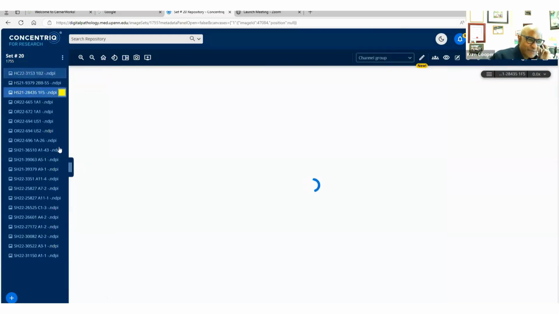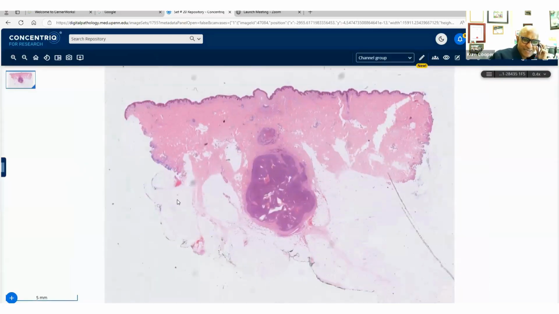Let's try this example here. Again, I'm trying to get you a history on this. It's a 65-year-old male, and this is a mass in the buttock. And again, low power, just to get the lay of the land.